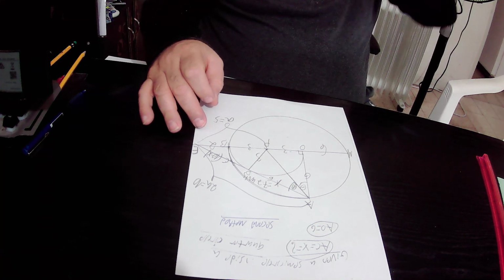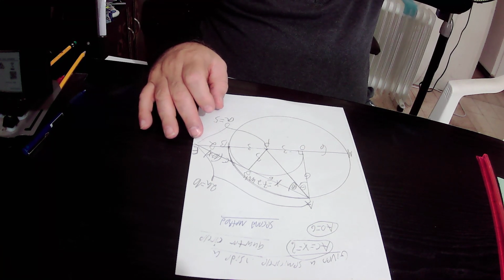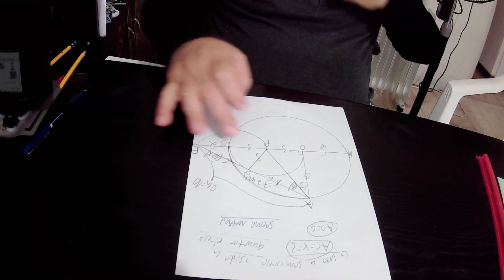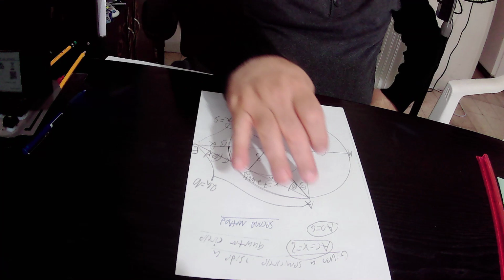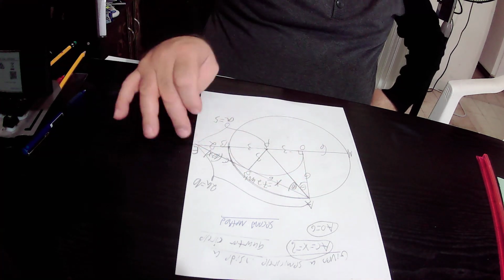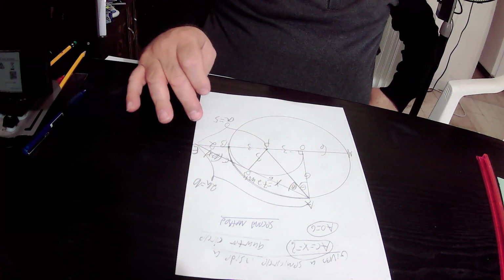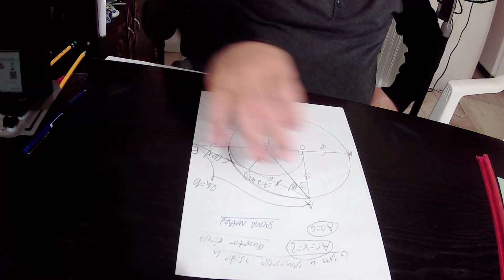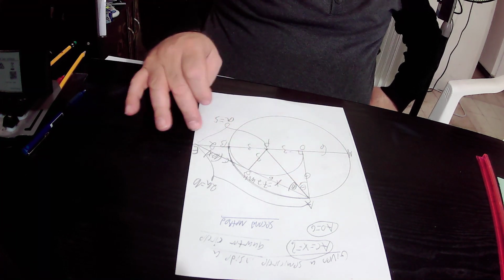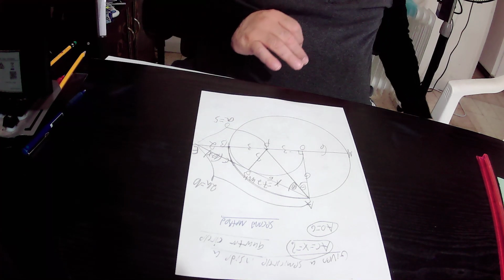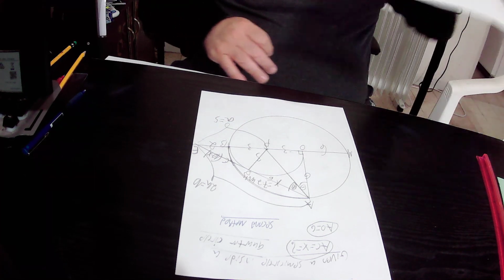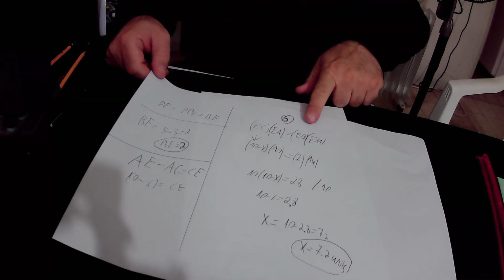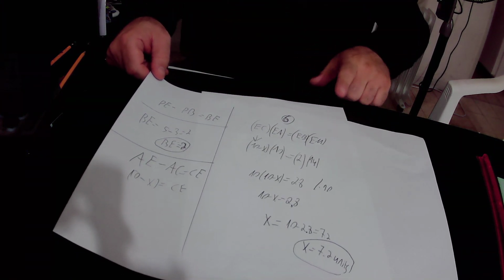So according to rule number 3, we get that EC times EA equals EB times EM. Again, EC times EA equals EB times EM according to rule number 3.